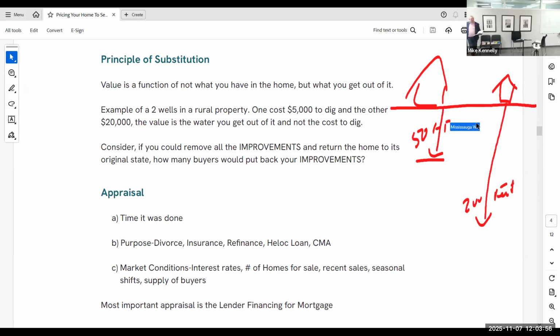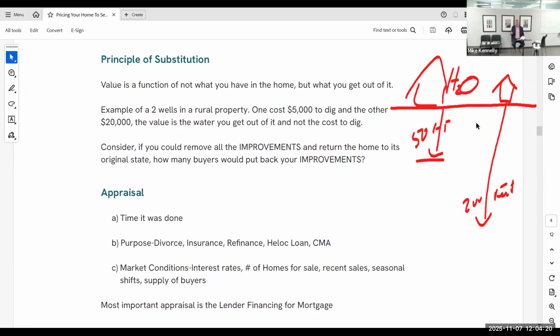And the cost is double or triple to dig 200 feet versus the 50. So you get the water. But the problem is that what you're getting is water. You're getting H2O. So a buyer doesn't care that you have to pay $20,000 to dig versus the neighbor.